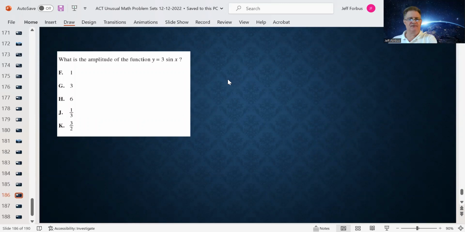What is the amplitude of the function y is equal to 3 times the sine of x? Okay, so you need to know the parent sine function. And that's easy. I'll just give you some basic information. The parent sine function starts at the origin, comes back to the x-axis 360 degrees later.